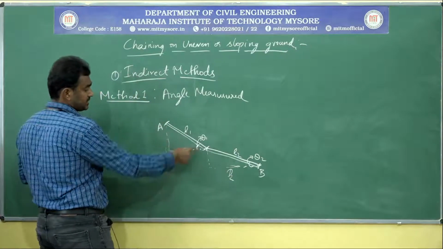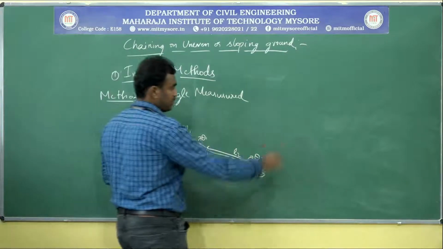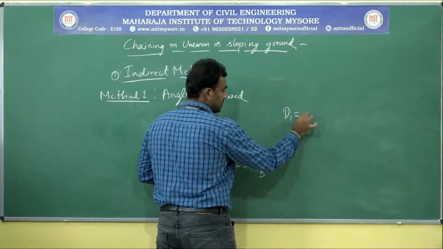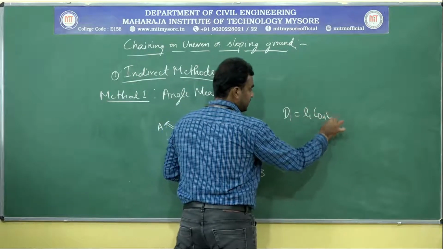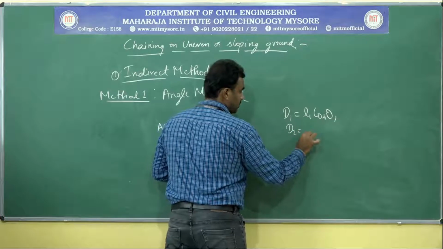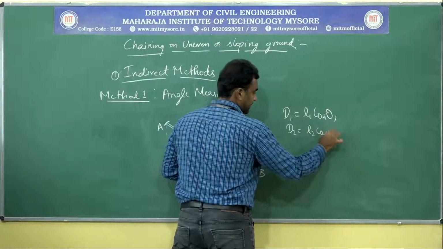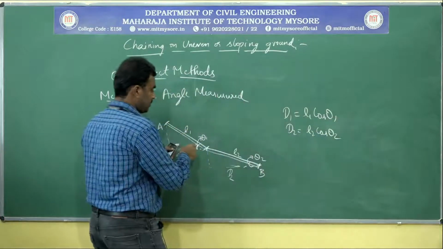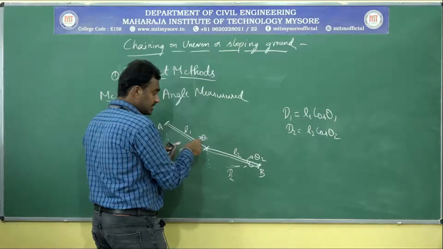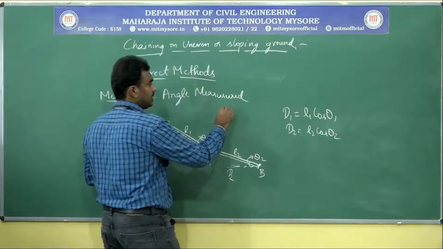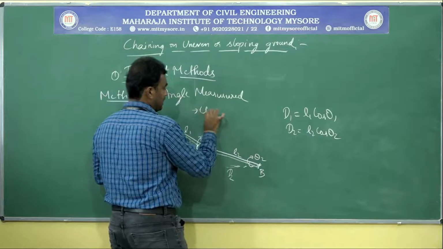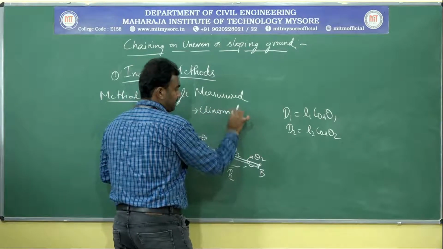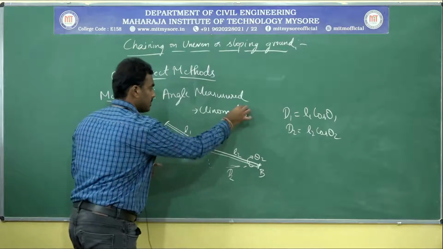By just taking a triangle over here, D1 is equal to L1 cos theta 1, D2 is equal to L2 cos theta 2. This angle is measured by the instrument called a clinometer.